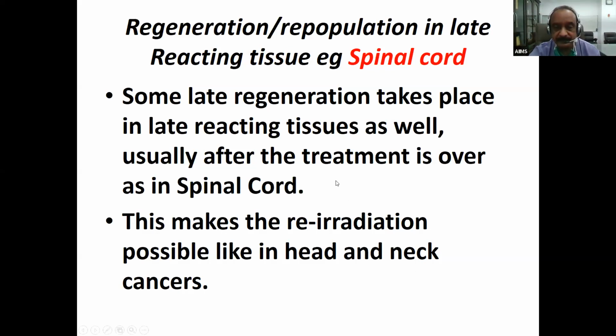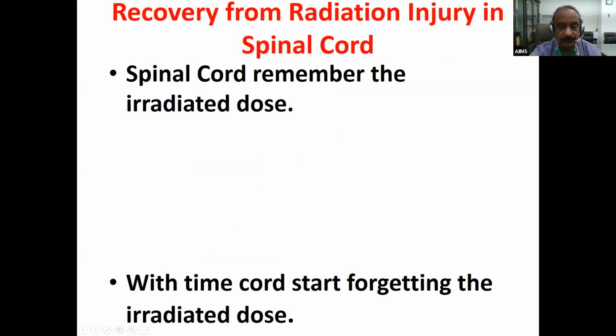So let us first look at the regenerative activity in the spinal cord. Now, the spinal cord has one bad thing and one good thing. The bad thing is that the spinal cord remembers the irradiated dose. The good thing is that with time, the spinal cord starts forgetting the irradiated dose. So the dose of radiation which can be delivered safely to the spinal cord during re-radiation will depend upon two factors.